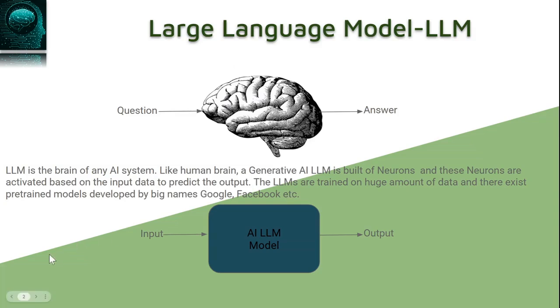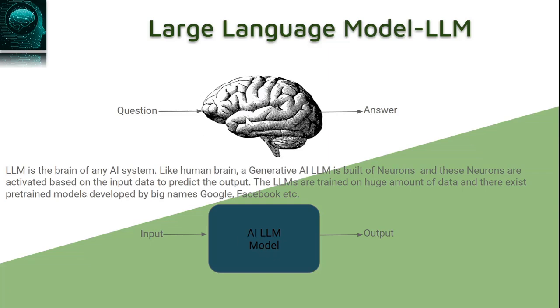What is LLM? LLM is the brain of any AI system, like the human brain. A generative AI LLM is built of neurons, and these neurons are activated based on the input data to predict the output. These LLMs are trained on a huge amount of data, and there exist pre-trained models developed by big names like Google, Facebook, and so on. So LLM is nothing but the brain of an AI system.